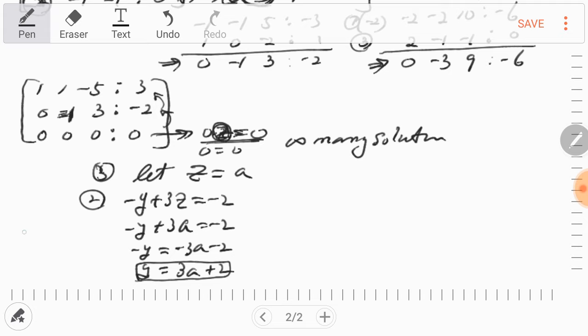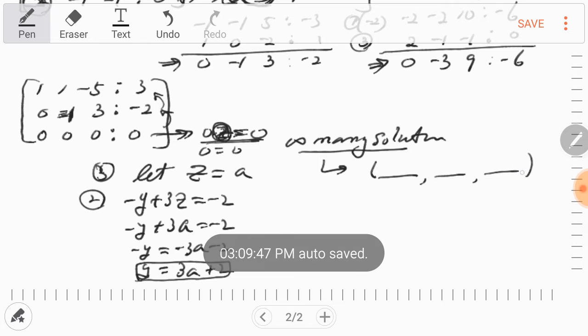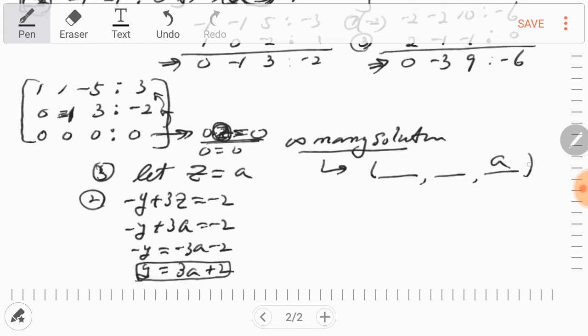So why don't we write the solution over here? There are infinitely many solutions, and if z equals a, then y looks like 3a plus 2. From the first equation, we can find the x value in terms of a. The equation of the first row is x plus y minus 5z equals 3. Then x plus y, which is 3a plus 2, minus 5 times a is equal to 3.